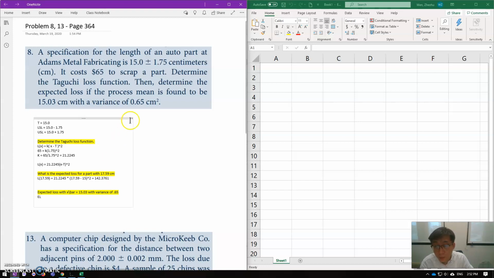If you look at the question carefully, it is asking us to evaluate the process instead of a single component with quality dimension of x, like we did in here. We're evaluating expected loss of a process, and this is written as the cost constant K times the variance plus deviation squared.